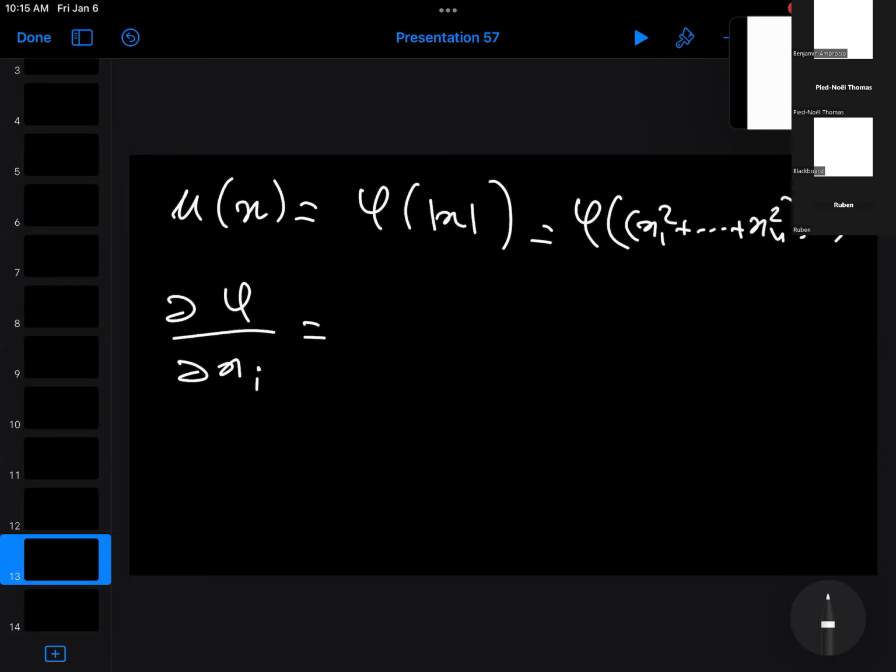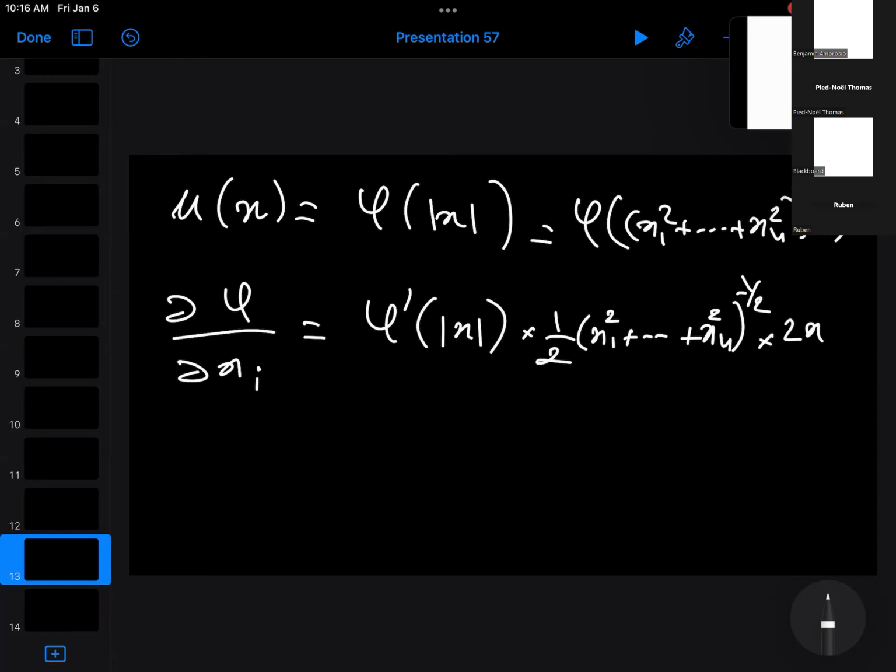Phi is a function from R to R, so I will get phi prime at the norm of x, times 1 divided by 2, times minus 1 divided by 2 times 2xi.